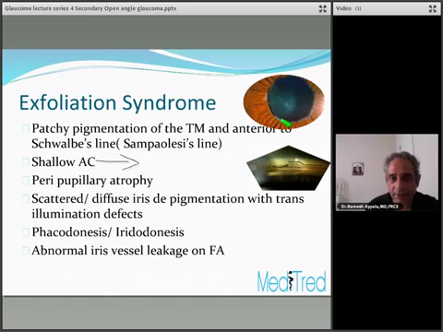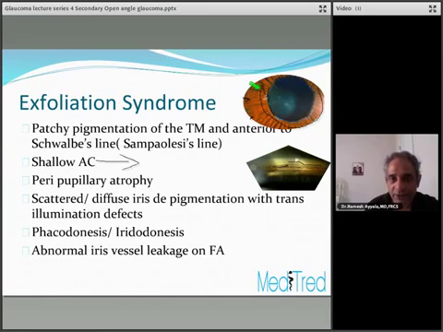So if you look at the pupillary margin, you will notice on retroillumination transillumination defects in this area, as opposed to pigment dispersion syndrome, where the transillumination defects are in the mid-periphery, somewhere in this area. So transillumination defects are seen both in exfoliation and pigmentary glaucoma, except the location is different.